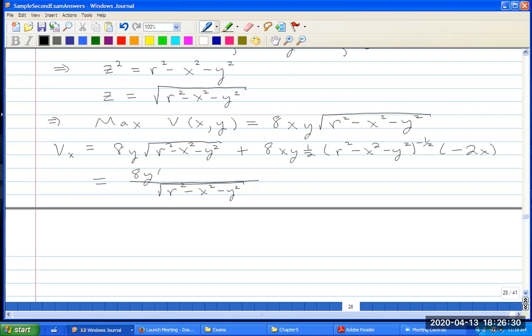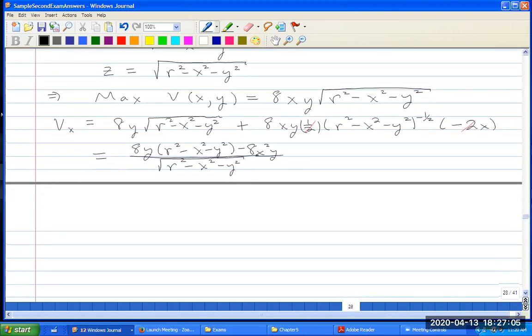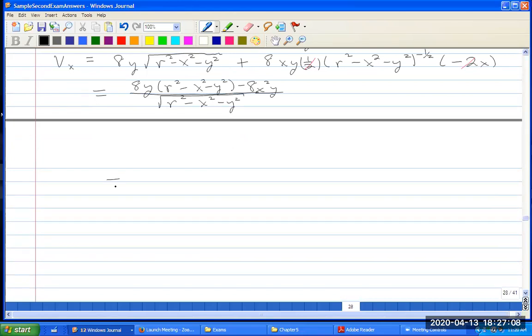So I get an 8y times r squared minus x squared minus y squared minus, the 2 cancels, so I get a minus 8x squared y.